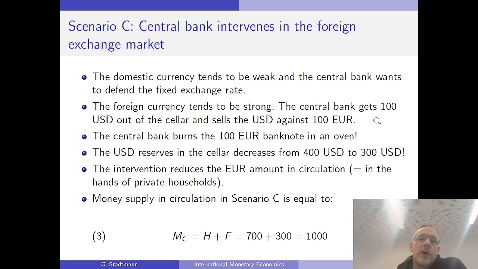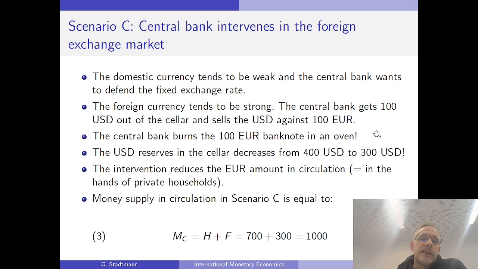The central bank burns the 100 euro note in an oven so that it is gone. The US dollar reserves in the cellar decrease from 400 US dollars to 300 US dollars. So the intervention in the foreign exchange market reduces the euro amount in circulation in the hands of private households by 100 units.